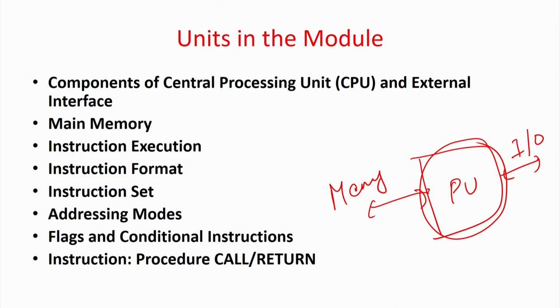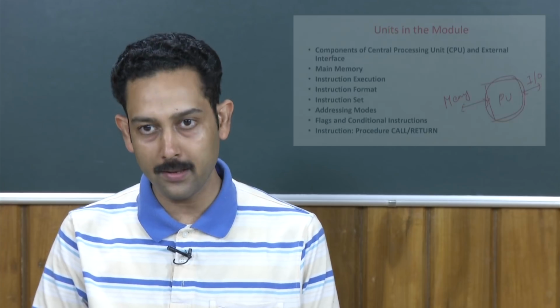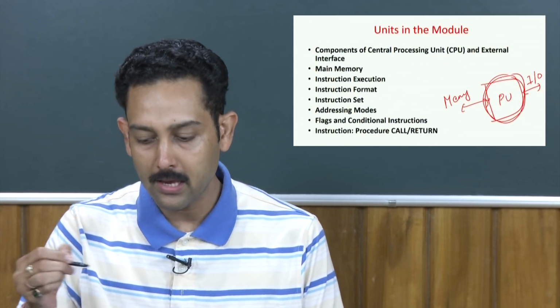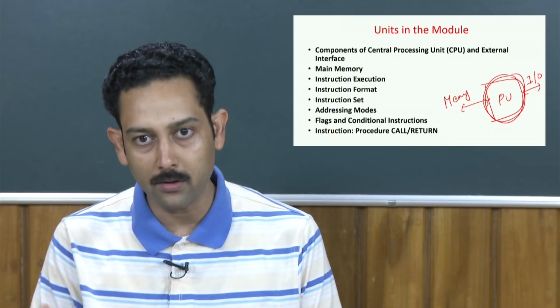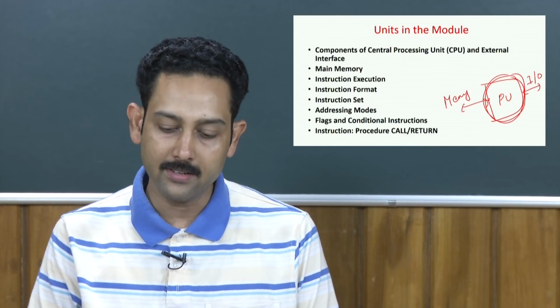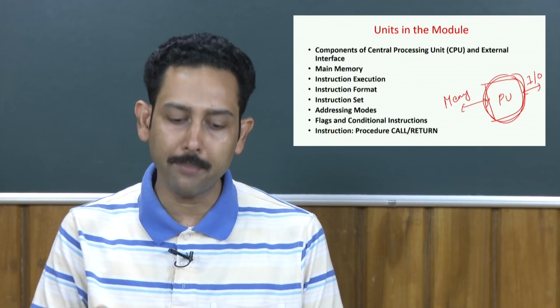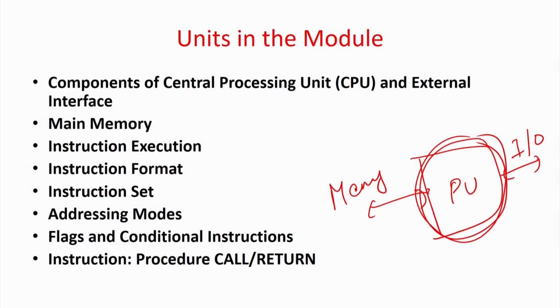The first unit on that part will give you an idea of the several aspects discussed in this slide, that is, the units of the module. The main part of computer organization, the processing part, will comprise the central processing unit, and then we will look at the main memory.